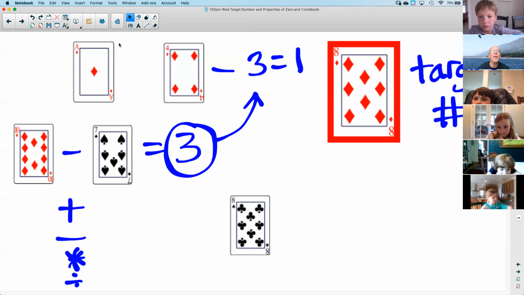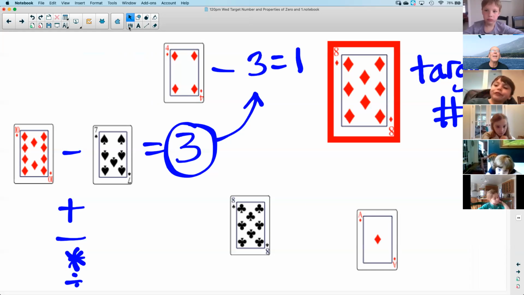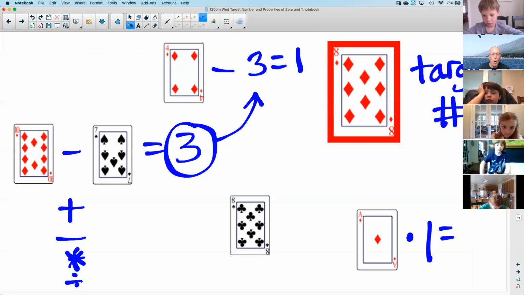So what I'm going to do now is I'm going to take that ace and I am going to multiply it by 1. Ace, which is 1, times this 1. Who knows what it is? 1 times 1 is what? Go. 1. You are right.